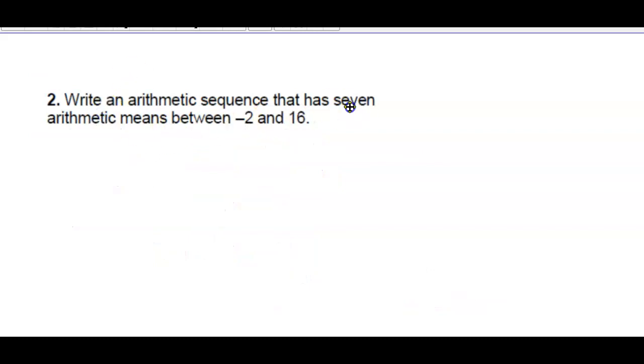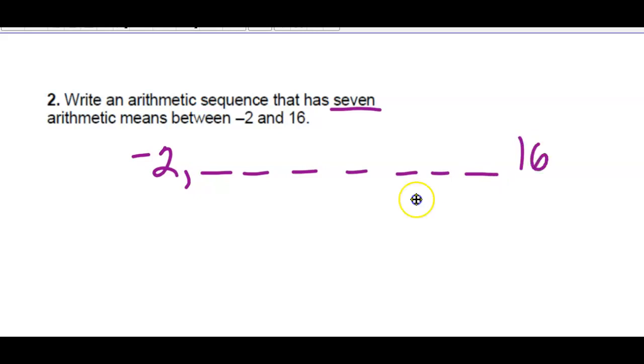There can be a lot of them. -2, then 7 missing terms, then 16. All right, so you would say -2 plus, get your pen. If there are 7 terms missing, we added the difference 8 times to get to 16.